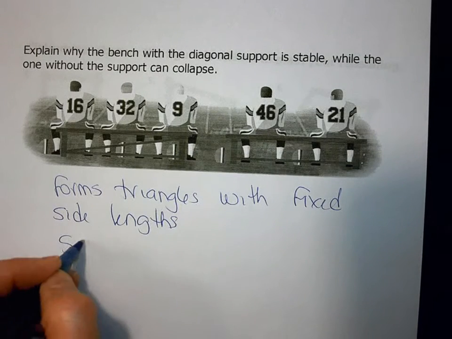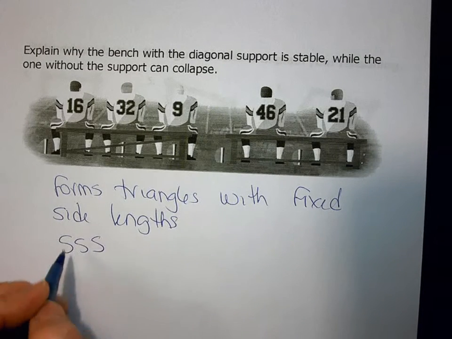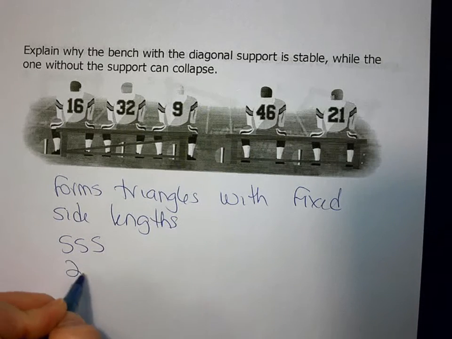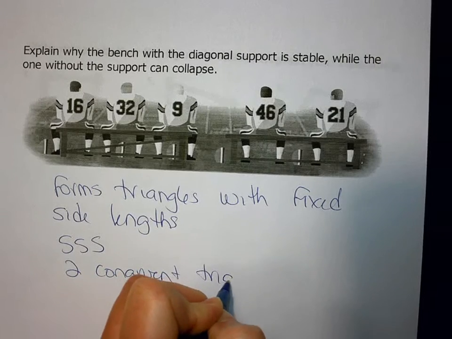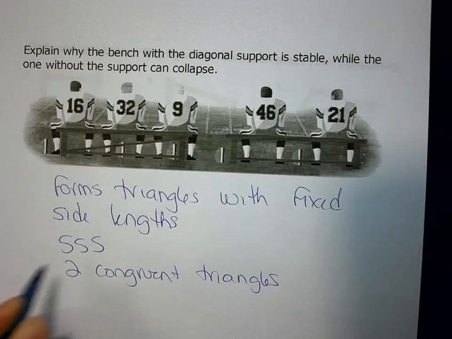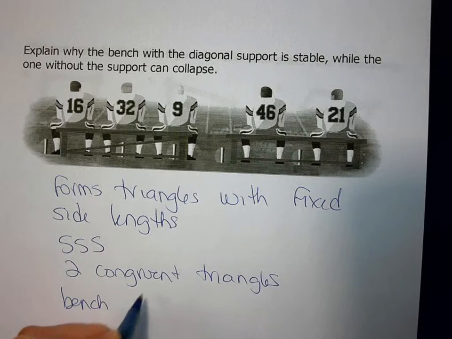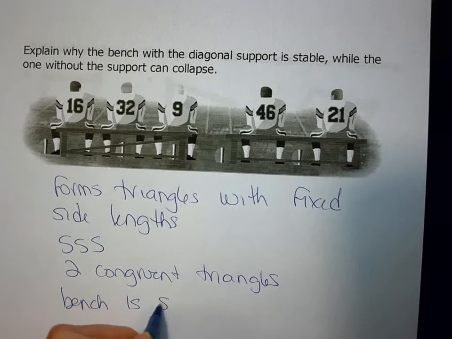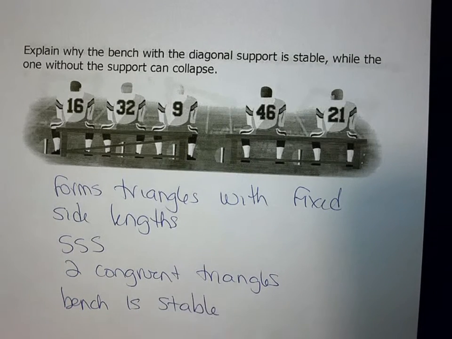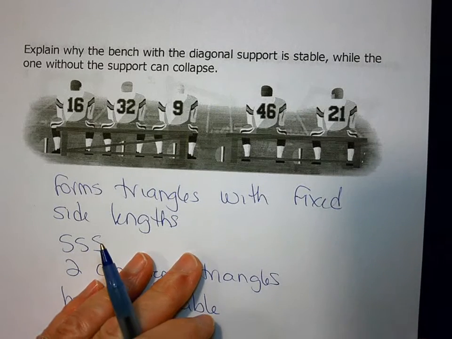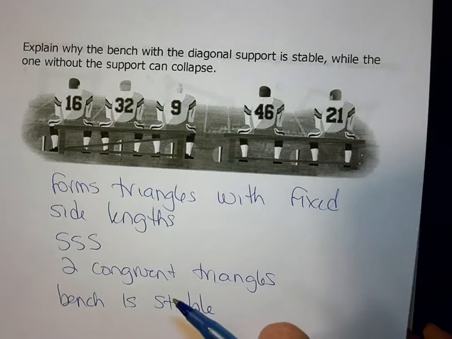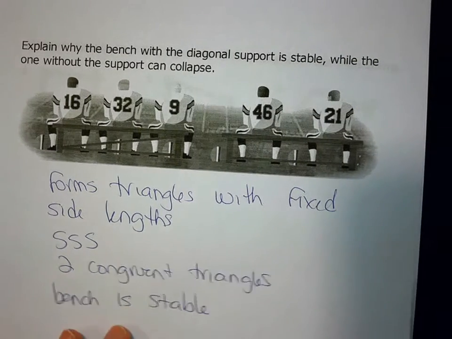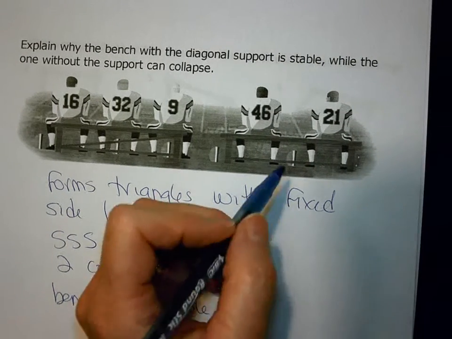So by the side, side, side, the bench cannot change shape, and we have two congruent triangles. So the bench is going to stay stable because the congruent triangles are not going to change shape, whereas on the other side this could tilt and it would not stay the same shape. So it is not as stable as this one is.